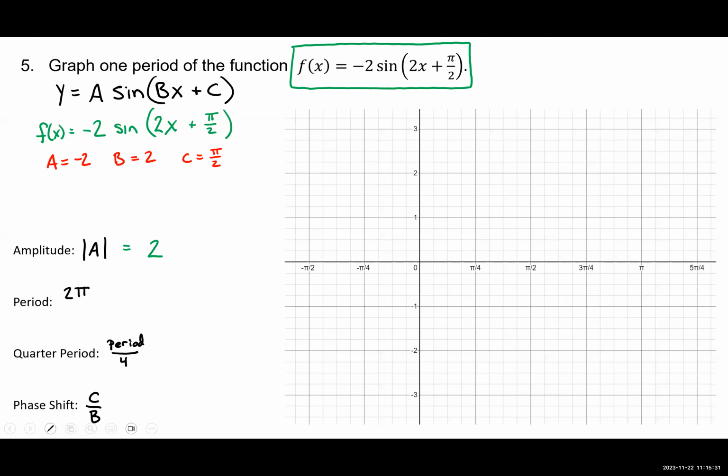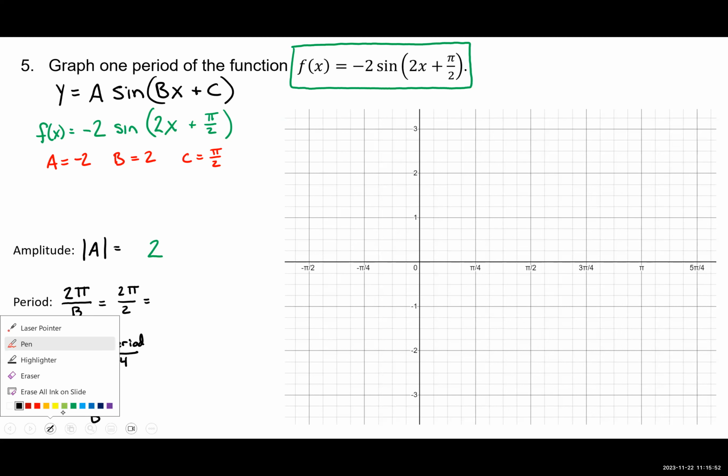The period, we have to take 2 pi and divide it by b. So that's going to be 2 pi divided by 2. 2's cancel. We get a period of pi.